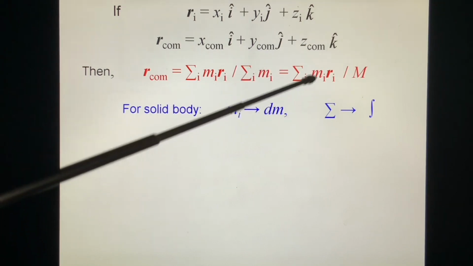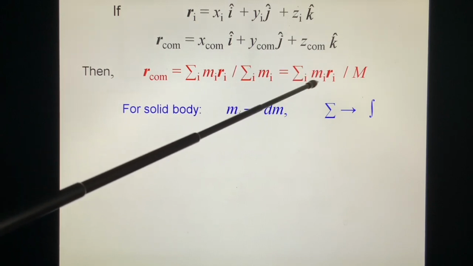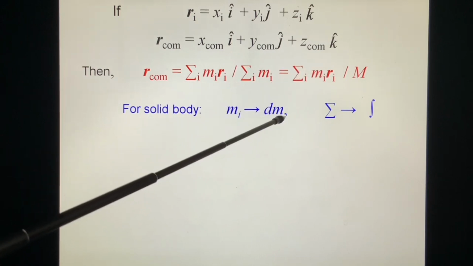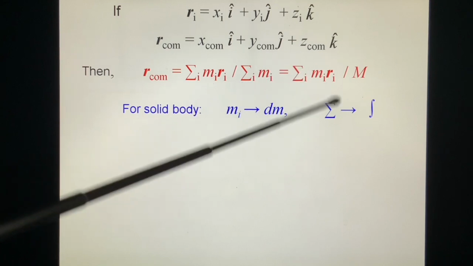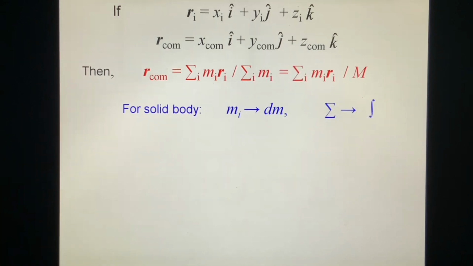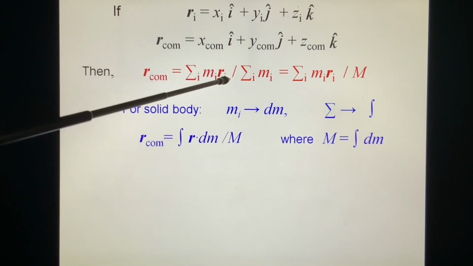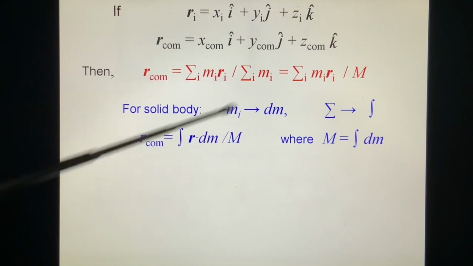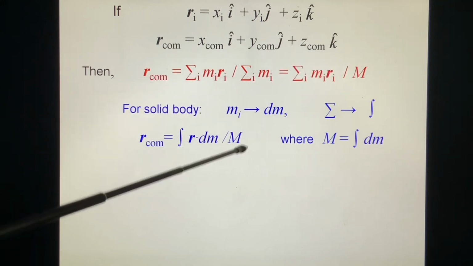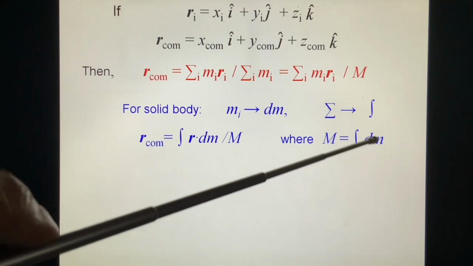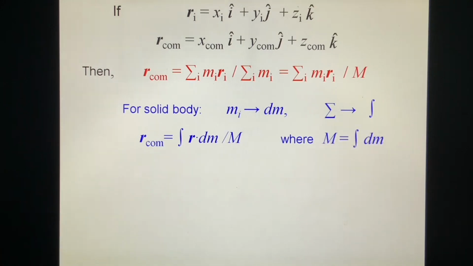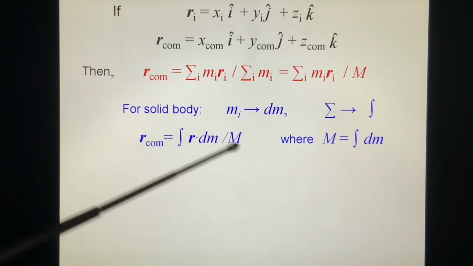So we change mi to dm, a very small mass, and the sigma becomes an integration. So the above equation becomes R equals integration of r dm divided by M, where M is the total mass, the integration of dm. And we write this in three components.